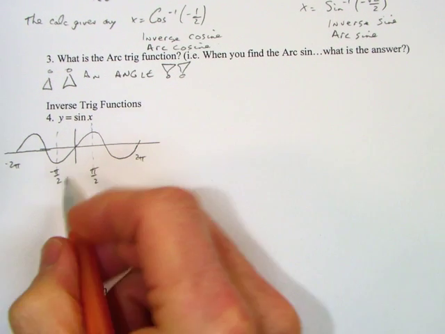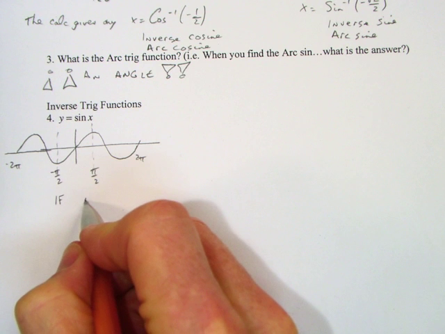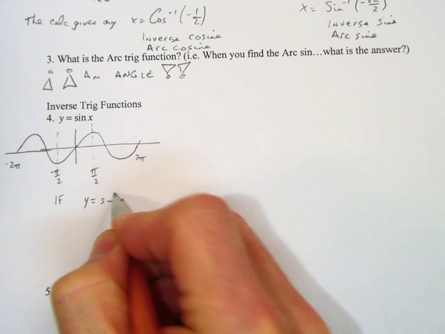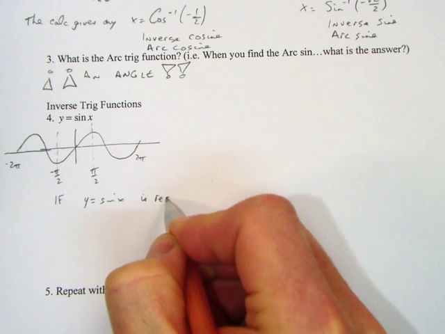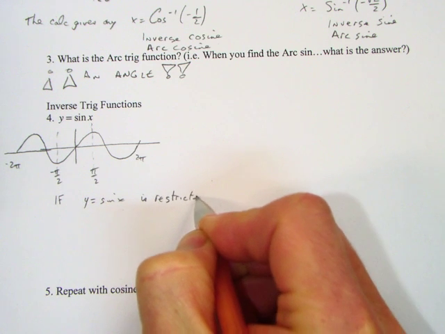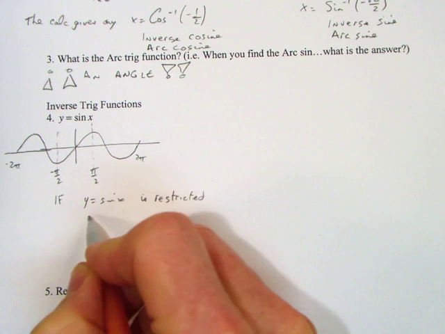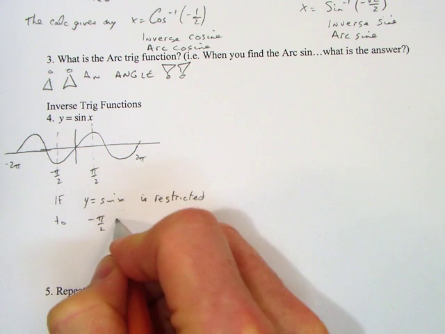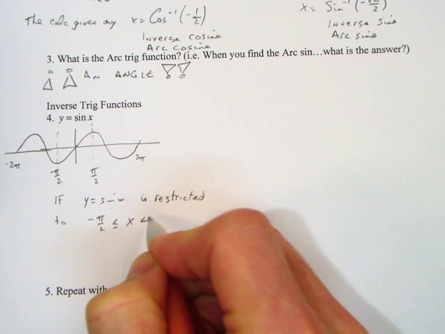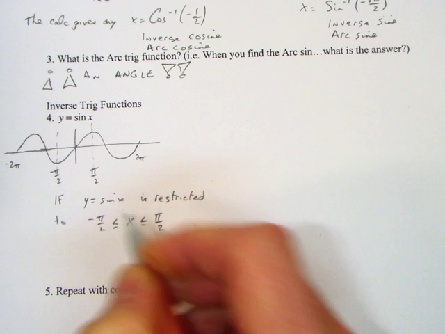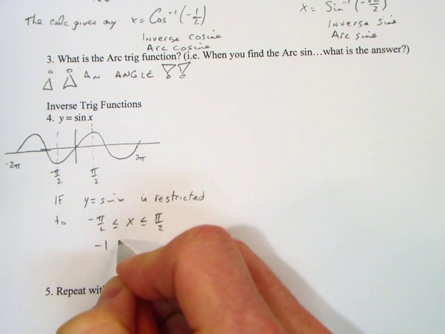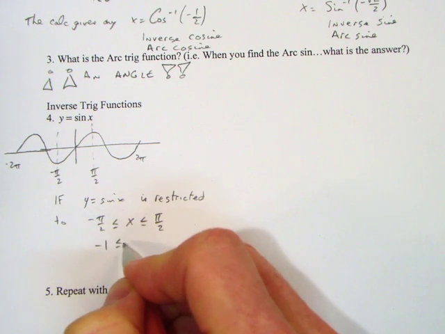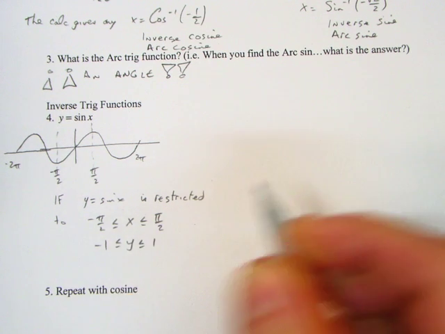So now, if y equals sine x is restricted to negative pi over 2 to pi over 2, and what would our y values be? Our y values would be negative 1 to 1.